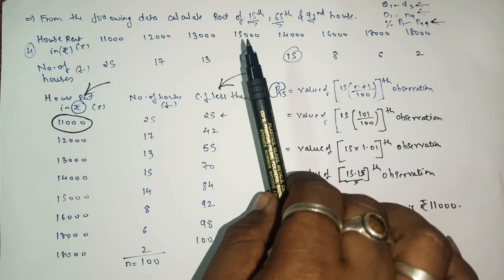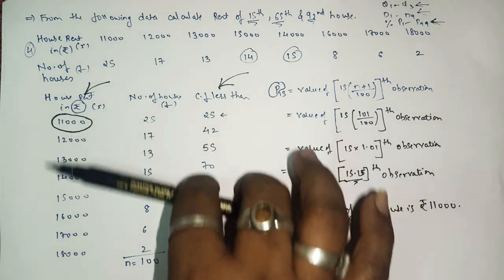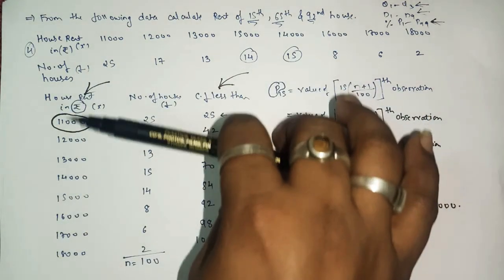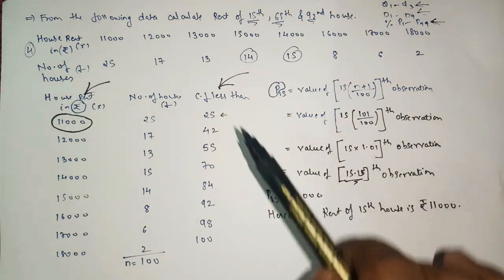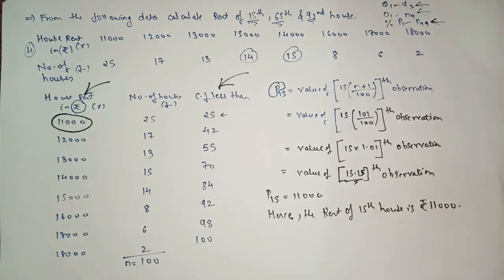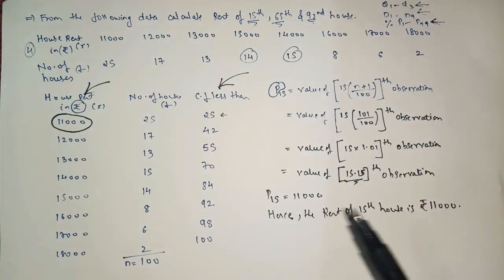You will see that after 13,000 here we have 15,000, so we'll arrange the first column also. Without arranging, if you solve the cumulative frequency part, you will get a different answer. So first arrange the first column and then apply the formula, substitute the values, and you will get the answer easily.